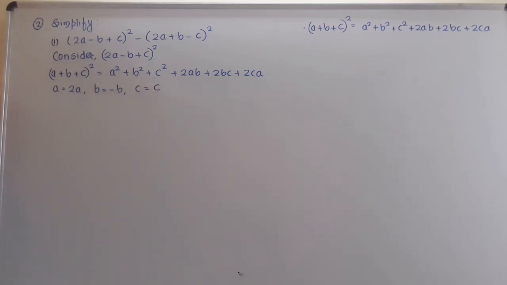Now I hope you are easily able to compare these two brackets. So a will be equal to 2a, b will be equal to minus b, and c will be equal to c. Put the values in the formula.